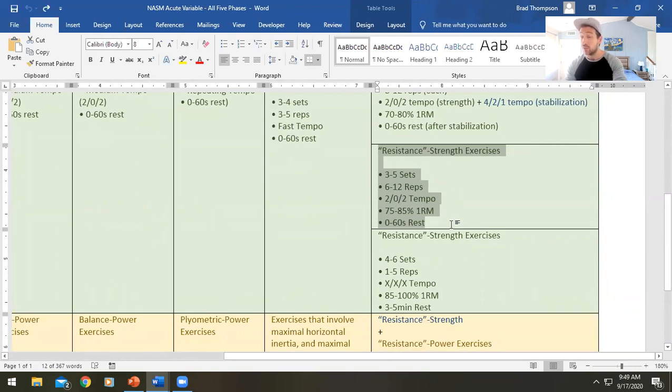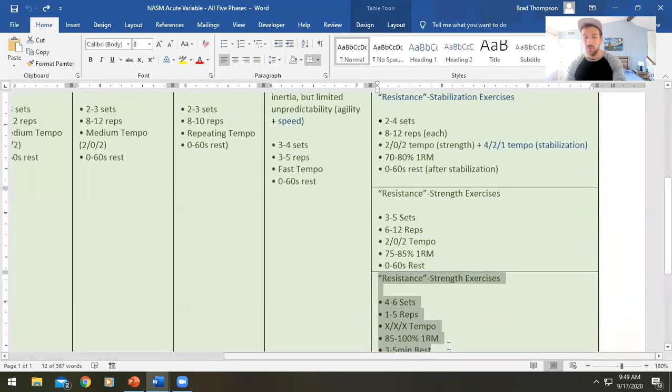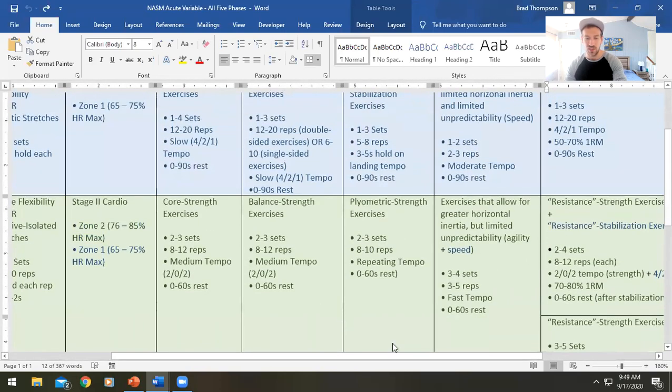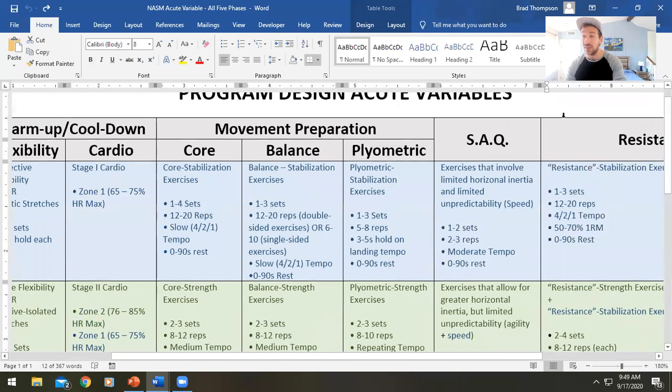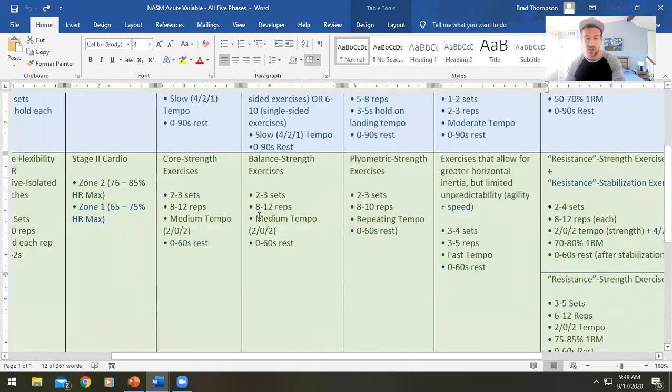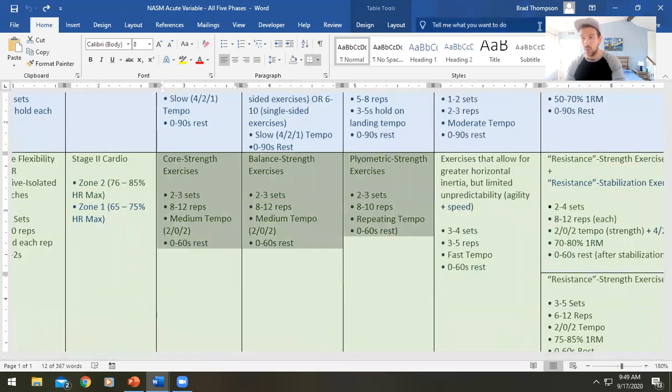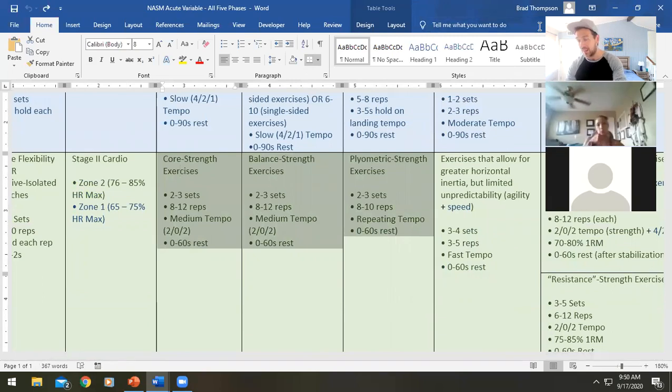But if I've got a max strength client, like a power lifter, I'm going to have them lift like this. But both of those athletes, even though they have different goals, the movement prep section is all about just turning underactive muscles on. So that doesn't change whether you're a power lifter, an endurance athlete, or a bodybuilder.